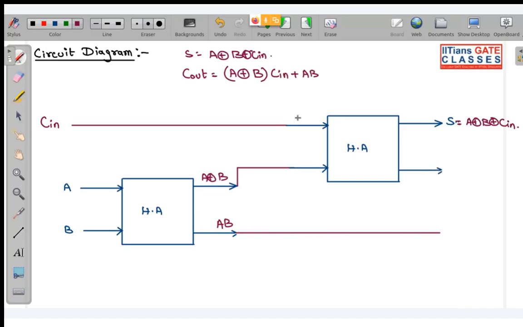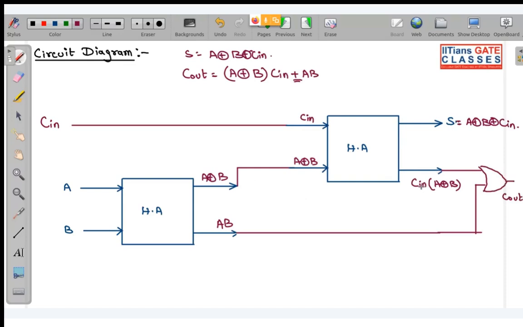Carry over here, it will be what? Because your input is Cin and this is A XOR B. So your carry will be Cin dot A XOR B. So here you can see basically this is an OR. So I need to place one OR gate over here. So this will be your Cout, where Cout is A XOR B Cin plus AB.